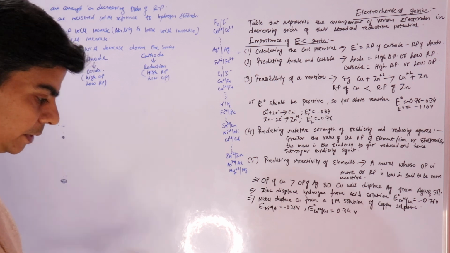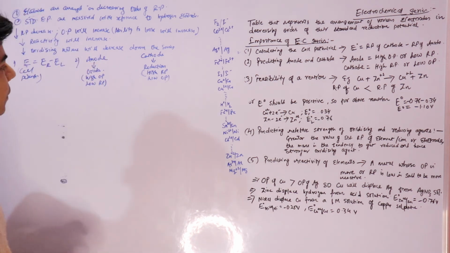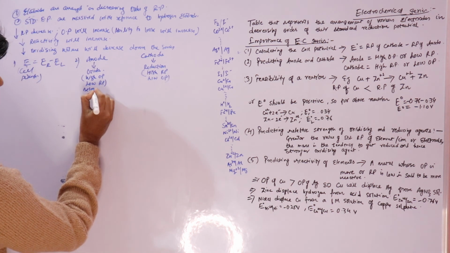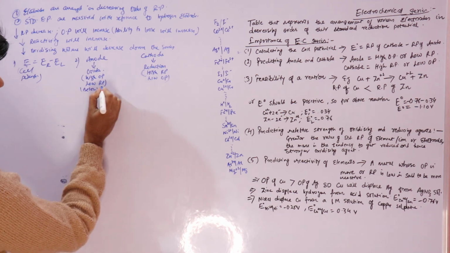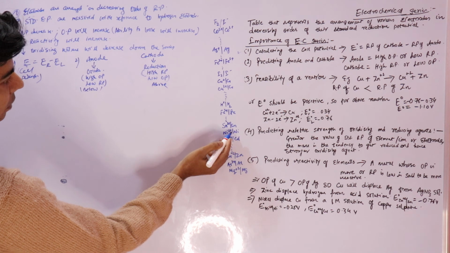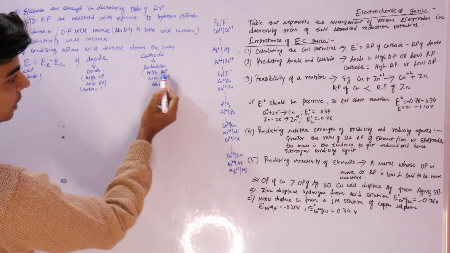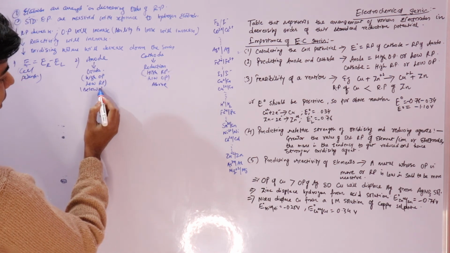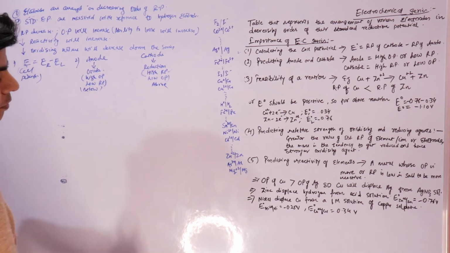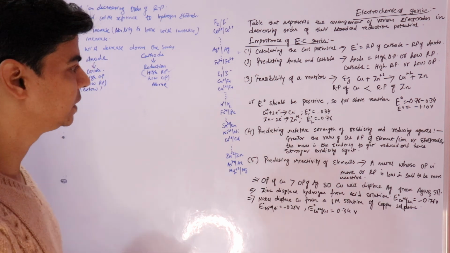So we can write it as those that are below and those that are above. If two electrodes are given, the one which is above will act as cathode because it has higher reduction potential, and the one below will act as anode because it has low reduction potential. As you move down the series, reduction potential is decreasing.